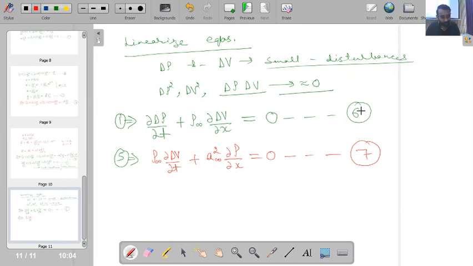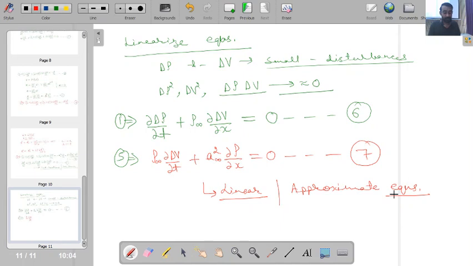Now if you see equation number 6 and 7, these are linear equations. Another important point is that these are not exact equations. These are approximate equations. Why are these approximate equations? Because we have taken the approximation that delta rho and delta v are small.